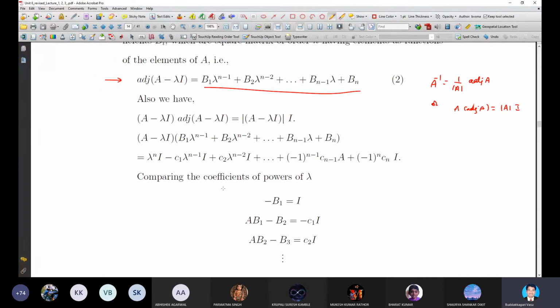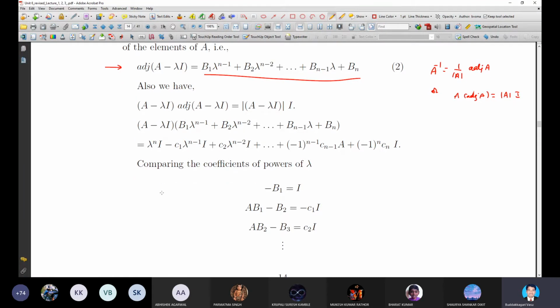Now we are comparing the coefficients of powers of lambda. If you compare the coefficients of lambda power n in this step, A minus lambda I into this much is equal to this. So now we have to check it in the LHS.